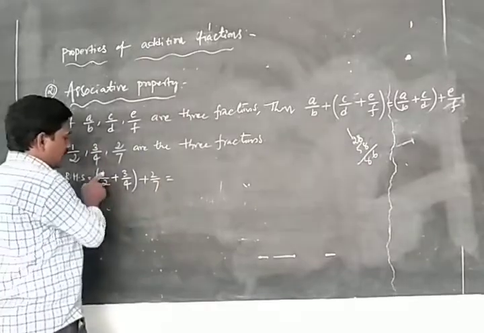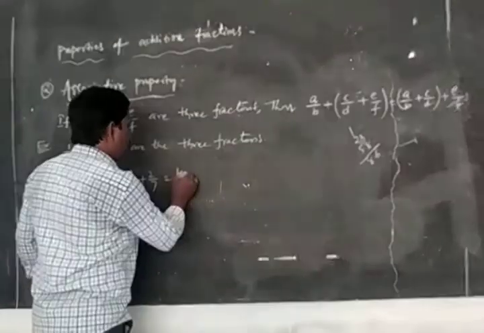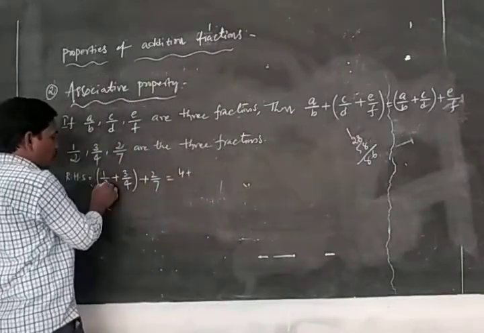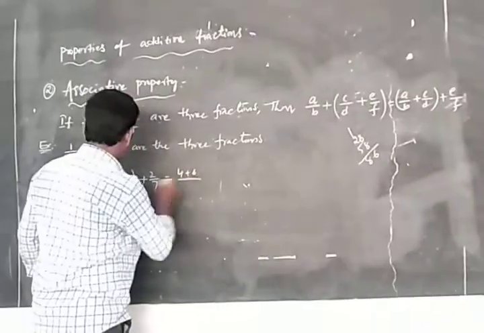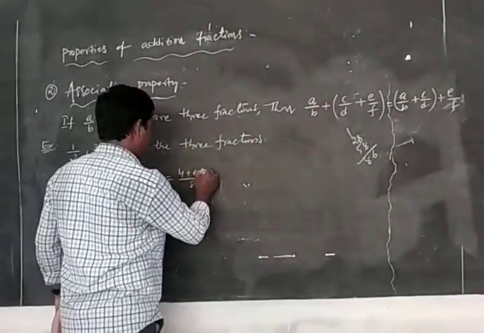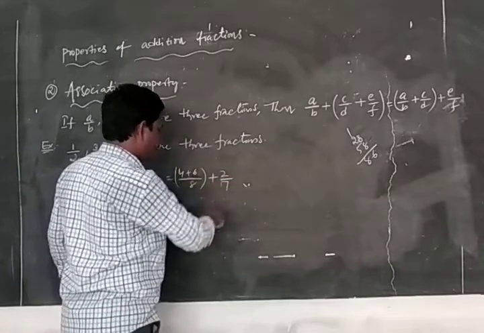Okay, just simplify these two fractions. 1 into 4, 4 plus 3 by 1 into 4, 4. 2 3s are 6 by 2 4s are 8, plus 2 by 7.